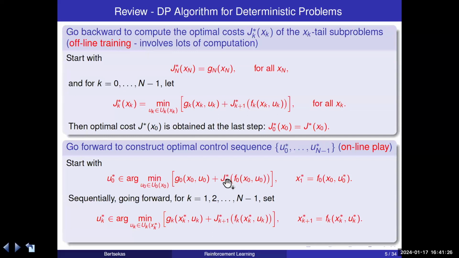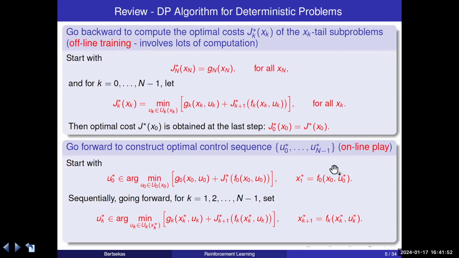We know J1 star, we minimize here, we obtain the first optimal control. We plug it in the system equation, we get the first optimal state. Then we obtain U1 star, then X2 star, by this minimization, then U2 star, and so on, all the way to the end, generating the entire trajectory.